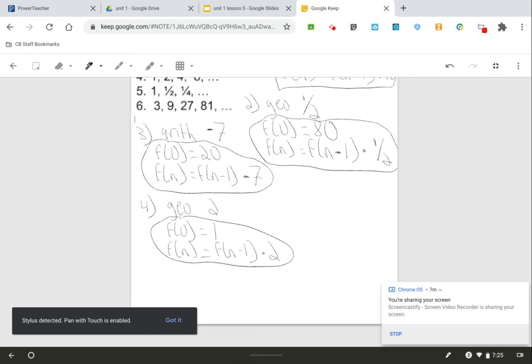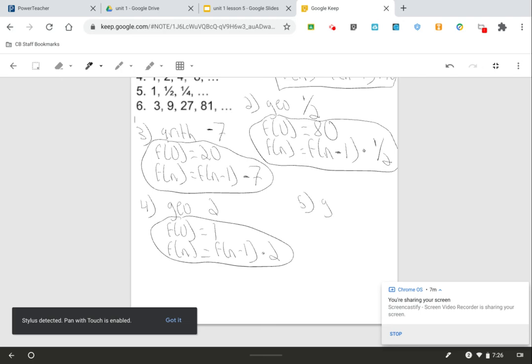All right, hopefully we're getting the hang of this, but let's do number 5. Number 5 is a little tricky. We're still starting with 1, but we're halving each time. We're dividing by 2, because 1 divided by 2 is a half, and a half divided by 2 is a quarter.